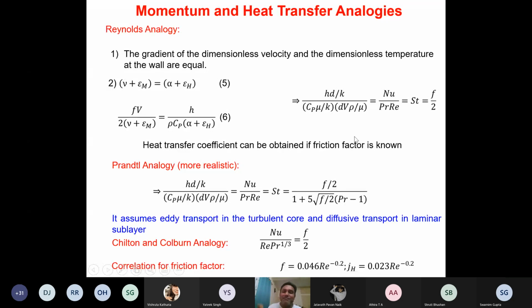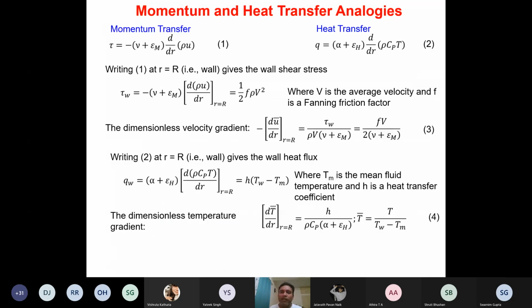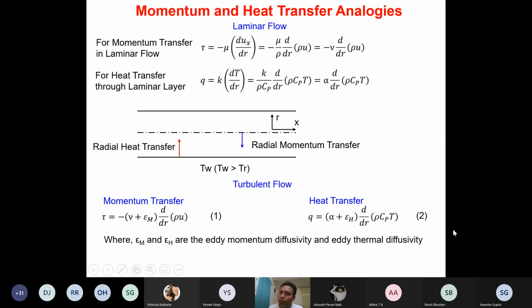Now there are some disadvantages with this particular analogy. What we have assumed in this case is, you can see we started with equations 1 and 2. Even though we started with laminar flow, actually we have worked on the equations of the turbulent flow. These laminar flow equations we have only used for deriving equations 1 and 2. That's it.